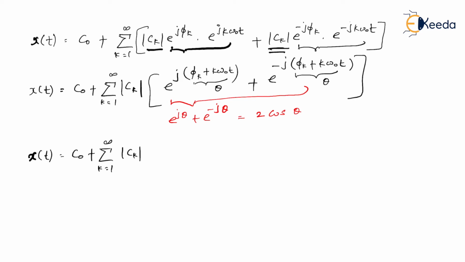So this is e to the power j theta plus e to the power minus j theta, which can be expressed as twice of cos theta. So I can rewrite this as twice of cos of k omega naught t plus phi k. So whether I write phi k plus k omega naught t or k omega naught t plus phi k, it is one and the same thing. Am I right?